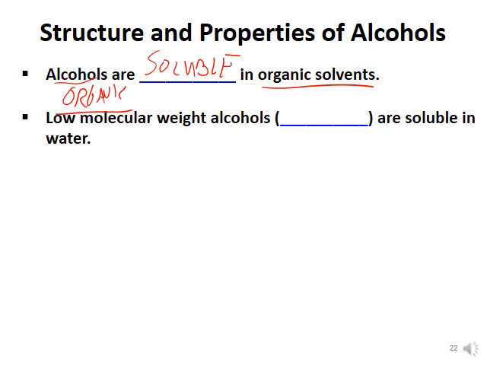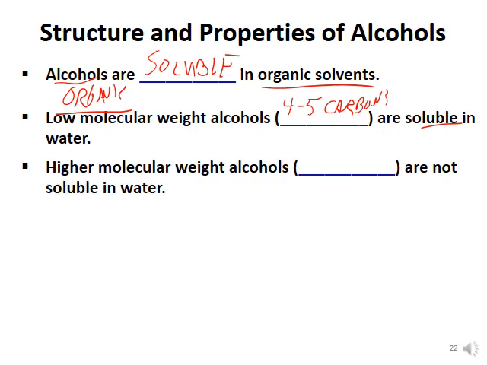The low molecular weight alcohols, basically 4 to 5 carbons, are soluble in water, meaning they will dissolve. But the higher 6 carbons and up are not soluble. They're just too greasy. They're just too much nonpolar. And so they will not solubilize, will not dissolve in water.